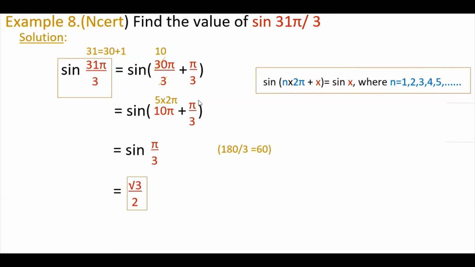You have to consider only the angle pi by 3, with its sign, so plus pi by 3. So sin of 10π plus pi by 3 is sin pi by 3. If you don't remember, just convert into degrees: 180 by 3 is equal to 60 degrees. So sin 60 is root 3 by 2. Like this you can calculate these values.